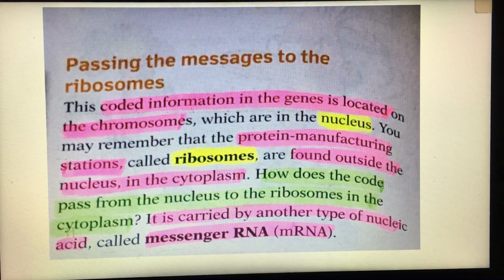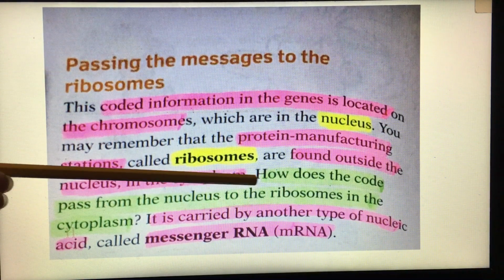So until now, you have to know that genes are inside the nucleus as chromosomes, and we have ribosomes in the cytoplasm. And ribosomes are the protein manufacturing station.